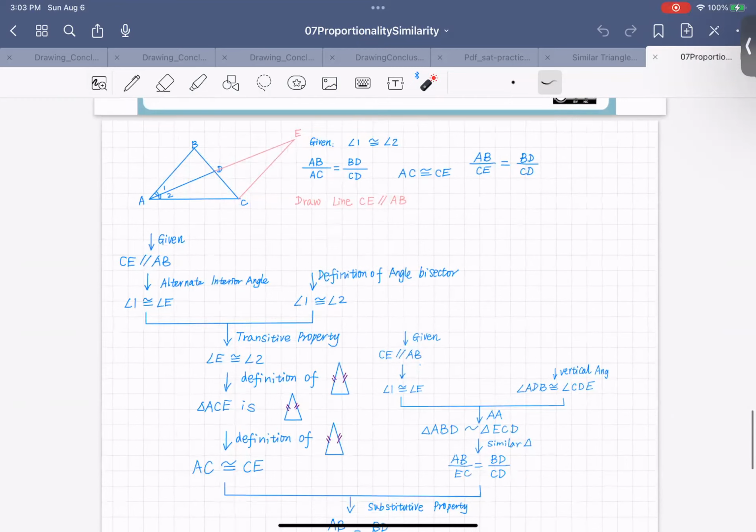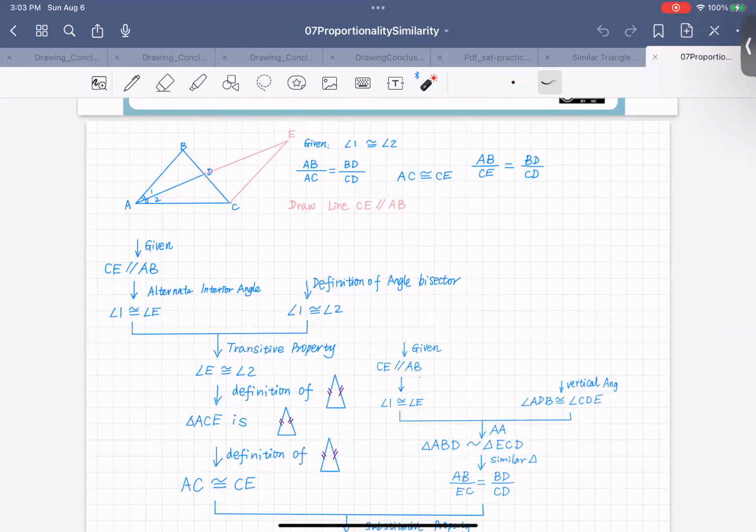The given condition is that angle 1 is congruent to angle 2. And the conclusion is that you want to prove that AB divided by AC equals BD divided by CD.